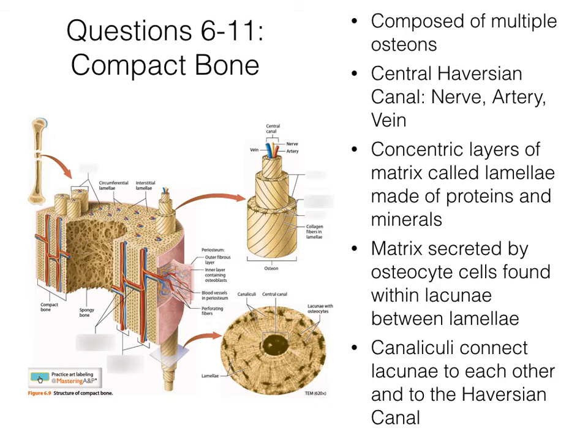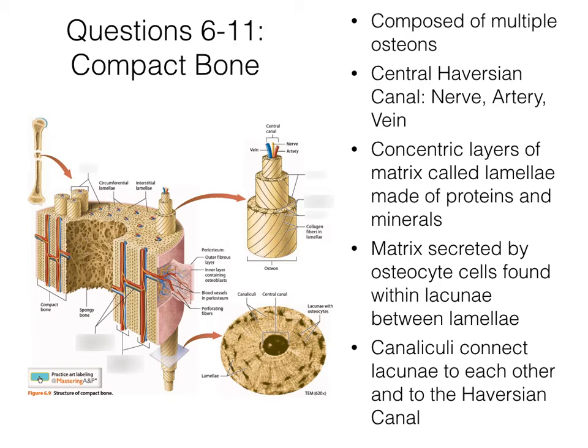Between the lamellae is where you're going to find the living cells, called osteocytes. The little cavity where you find them is again called a lacuna. You can see in the picture, at the bottom right, the really dark circle in the middle is the Haversian canal.